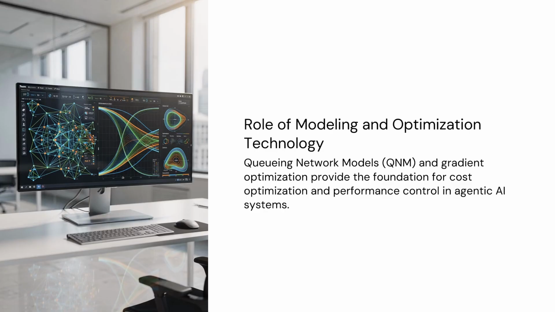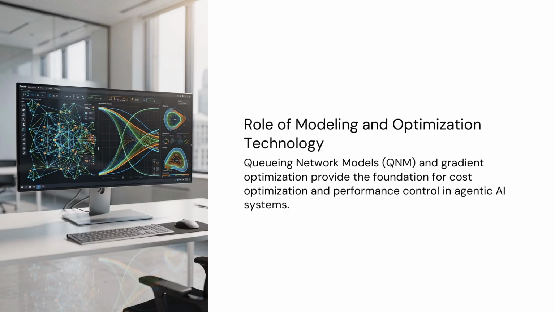Queue network models and gradient optimization help to evaluate different options and answer critical questions like how agents will perform after deployment, and what will be the configuration and cost needed for agents to meet business process service level goals.